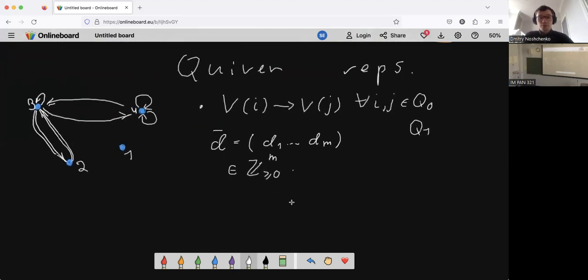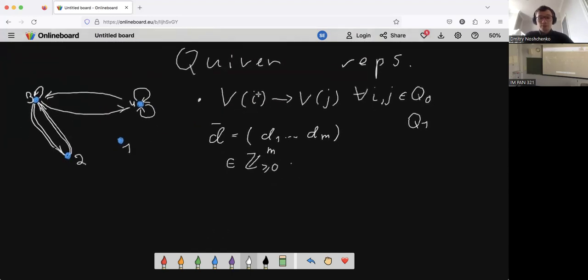Namely, we do not want these vector spaces to be arbitrary. So far we only consider that they are finite dimensional, but now let's make the simplest case possible. Let's just make a representation over a finite field.